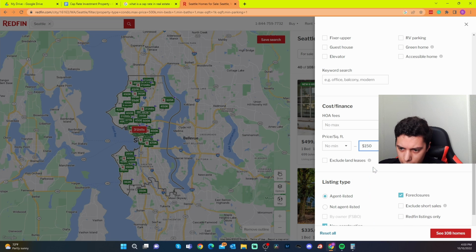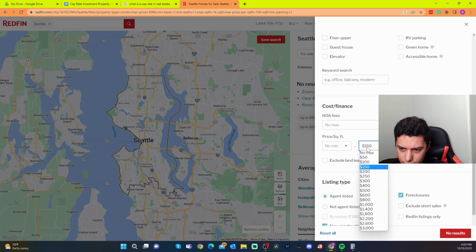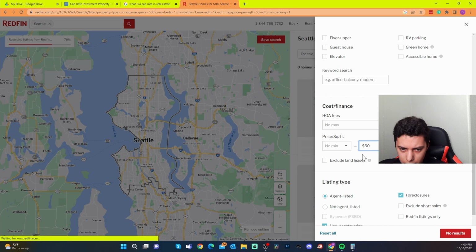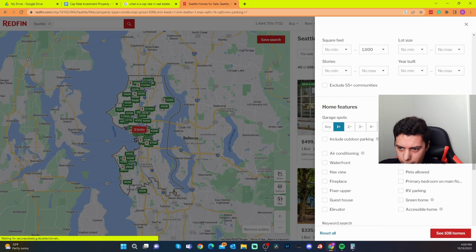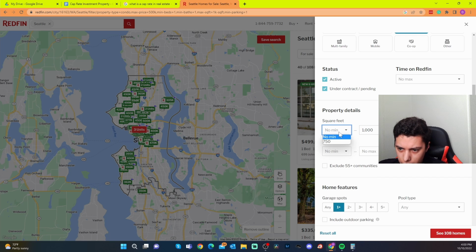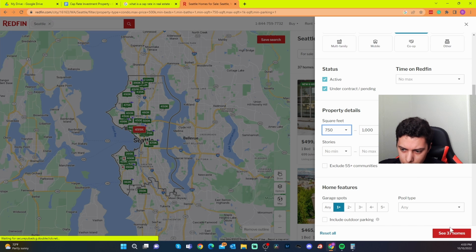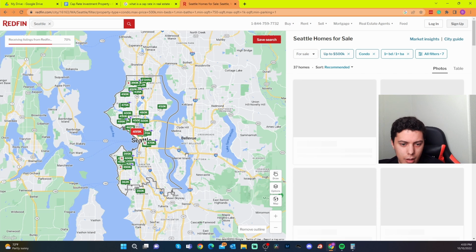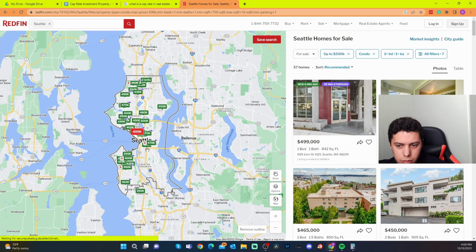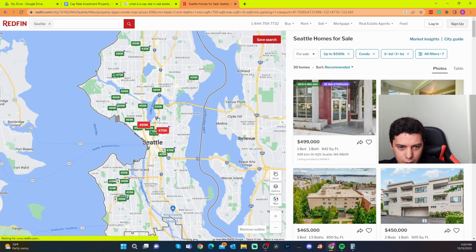You could have this at like $150, but there's not really a lot of property, so I'm going to put no max. Square feet like 750. Now that's good. All right. And when you're looking, a lot of these are 1 bed, 1 bath, and a lot of 1 bed, 1 baths are relatively cheap.